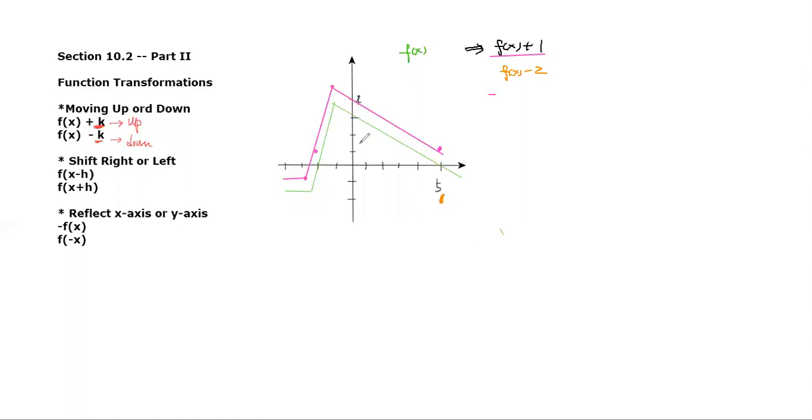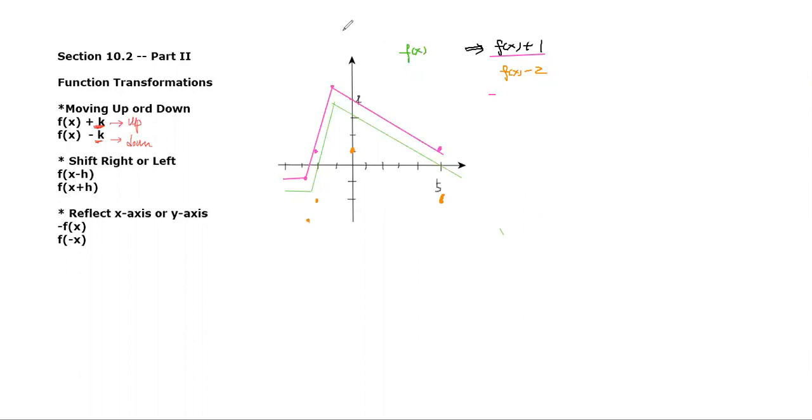This point used to be 1, 2, 3, so I go down 2, I go down here, right? Then this one used to be 0, I go down 2 here. Then this one, I go down 2 here, right?